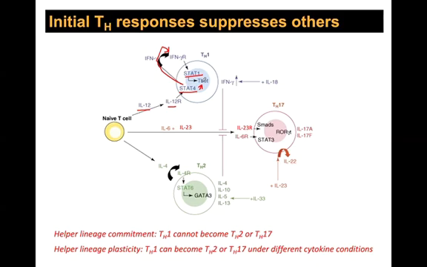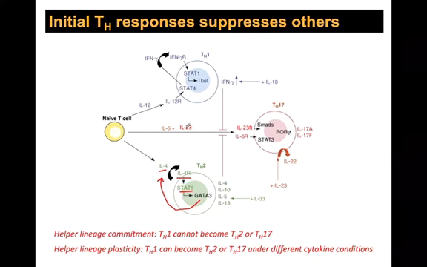So for Th1 cells, it's IL-12 initially, but then interferon gamma reinforces it. For Th2 cells, they get an initial IL-4 signal that binds to the IL-4 receptor, signaling through STAT6 to turn on the master transcription factor, GATA3. GATA3 turns on IL-4. And so it's IL-4 initially and IL-4 reinforcing it.